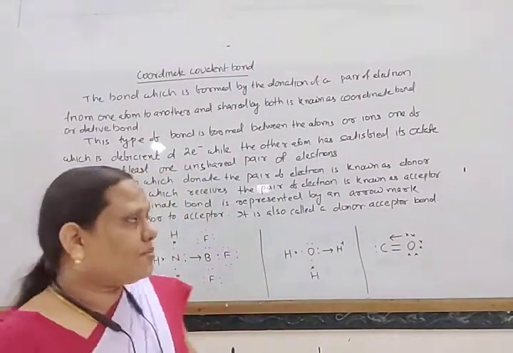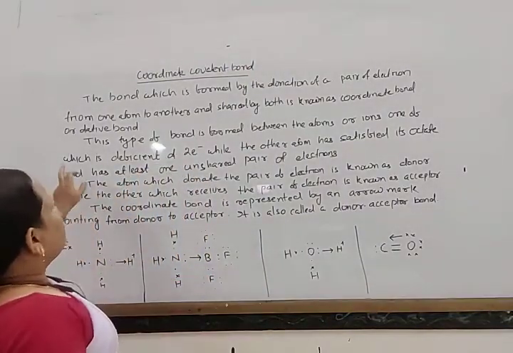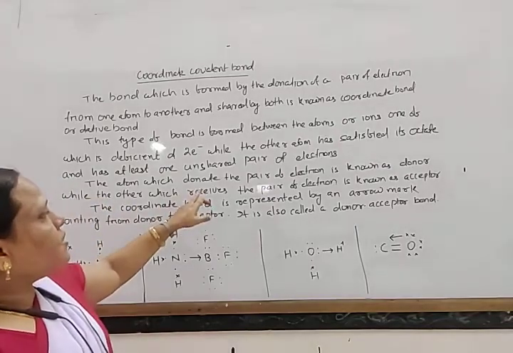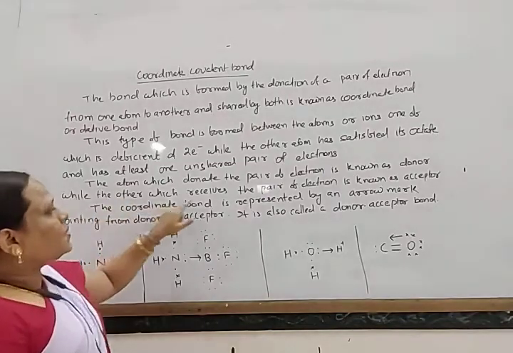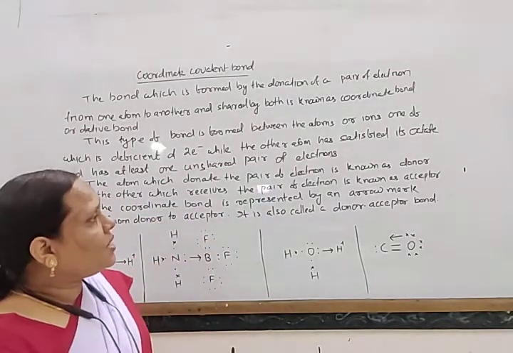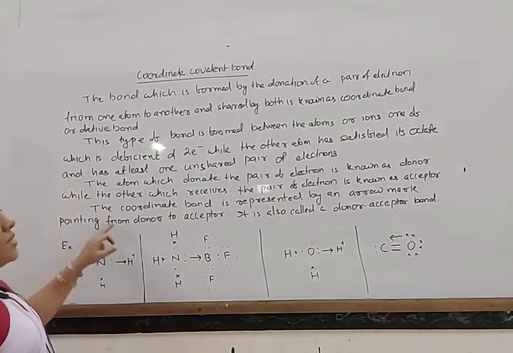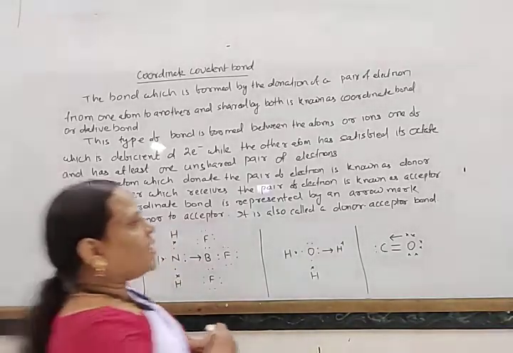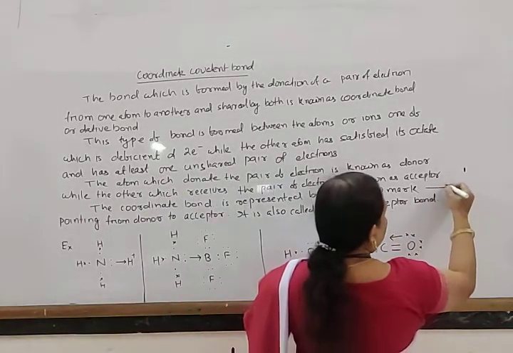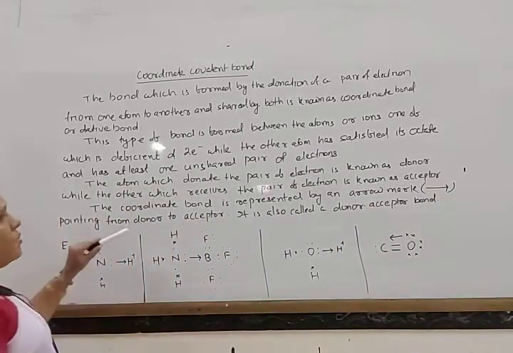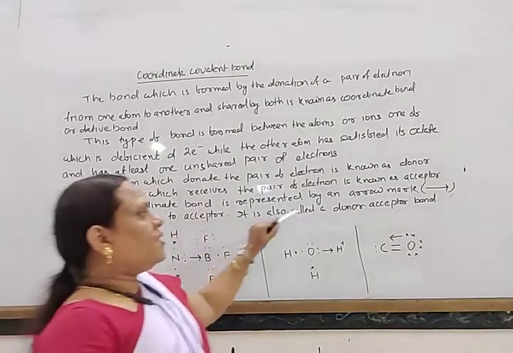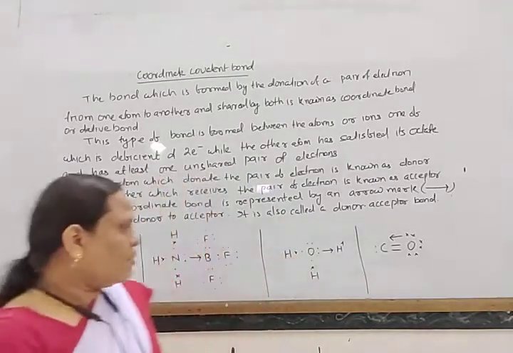The atom which donates the pair of electrons is known as the donor, while the other which receives the pair is known as the acceptor. It is also called a donor-acceptor bond.